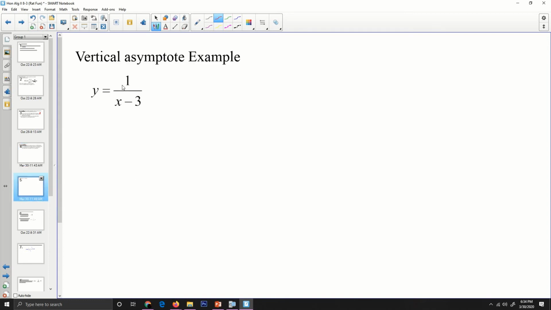So let's look at y equals 1 over x minus 3. When I look at this, clearly when x equals 3, there is a division by 0. All right, so what happens when you get that division by 0 like this?